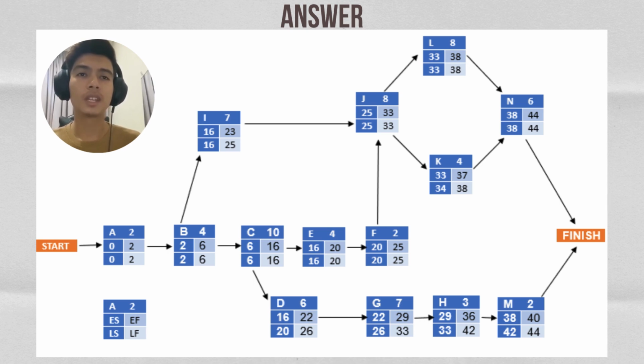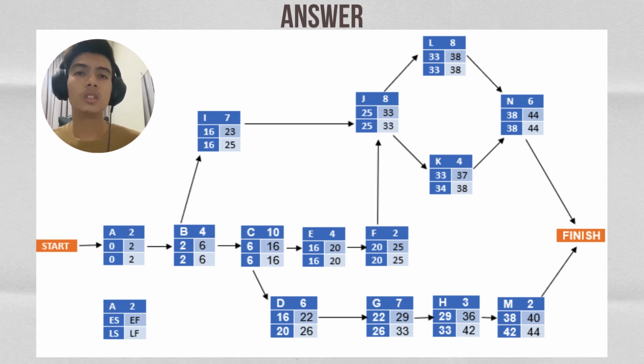And now we look back at column C again. We do the same operation for columns D and G. Before we go to column H, we must look at the source of column H by looking at the arrow. So the sources are from E and G, and we need to choose the biggest early finish number.